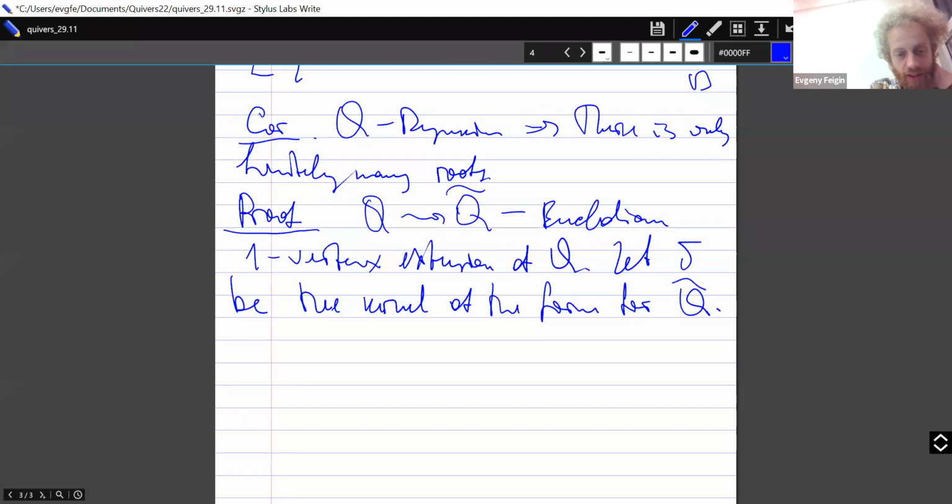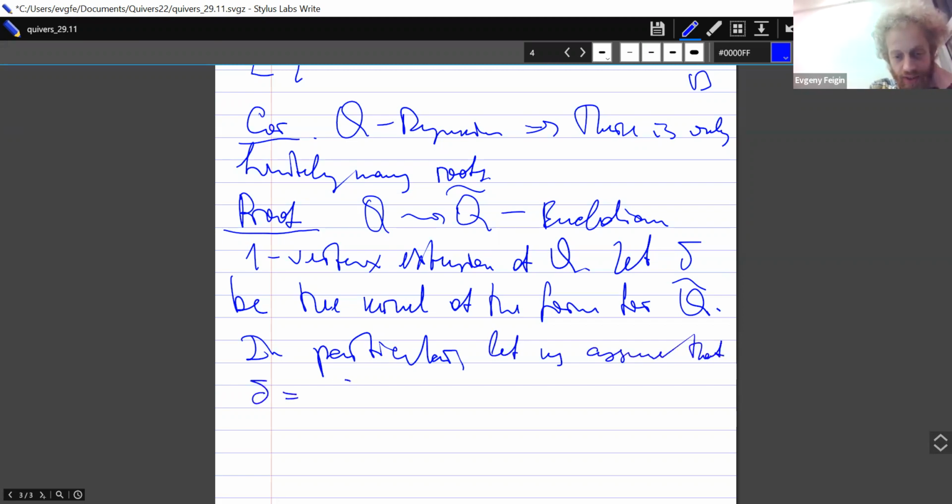Now let us assume that delta is the sum of a_i e_i with all a_i being positive. So this is the generator with all positive coordinates. This is exactly the one we wrote on the picture last time.